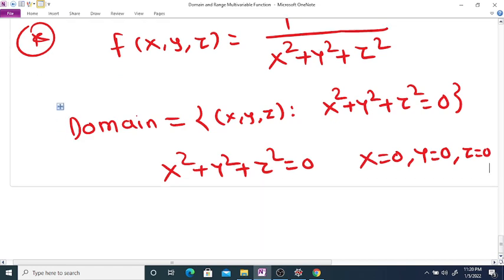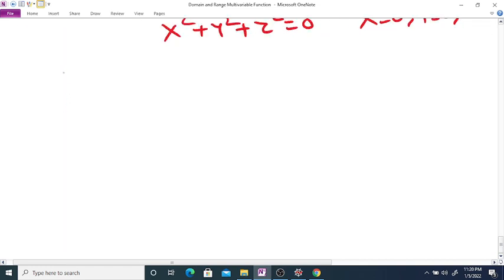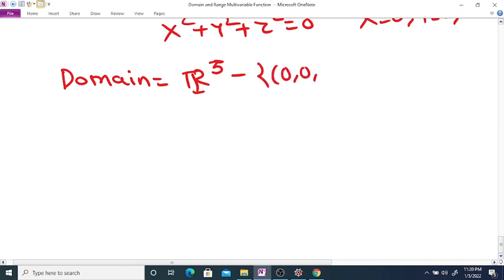So the domain is R cube minus the only singleton point we want to remove here, (0, 0, 0).